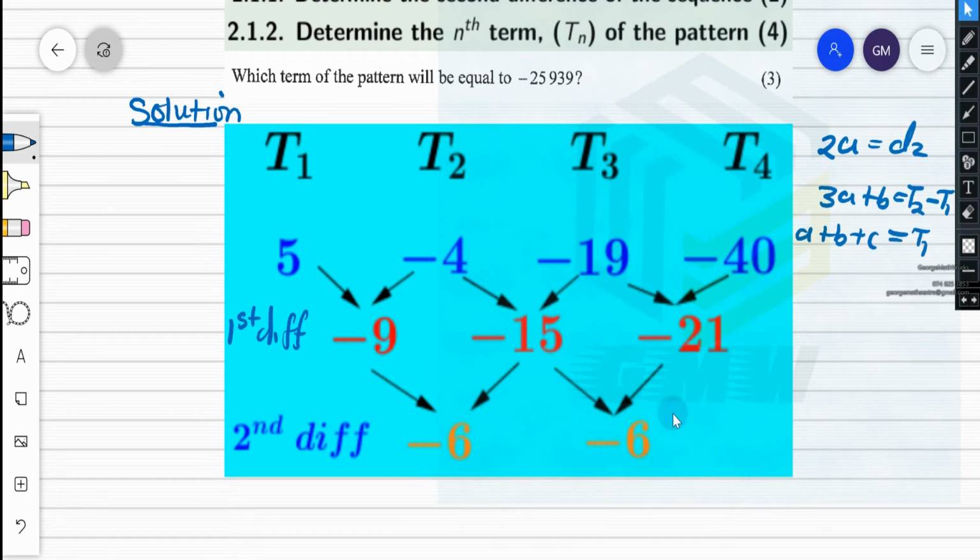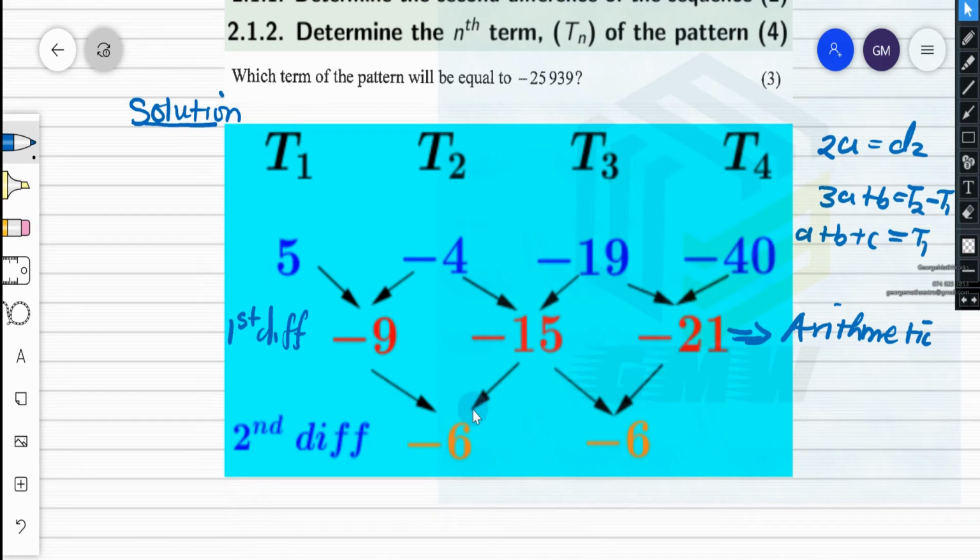Since this is a common difference, it means that this pattern here, which we said is the first difference, is actually an arithmetic series. So the first difference of any quadratic number pattern will be an arithmetic series, since it will have a common difference. Now, we shall see another question that will actually use this.